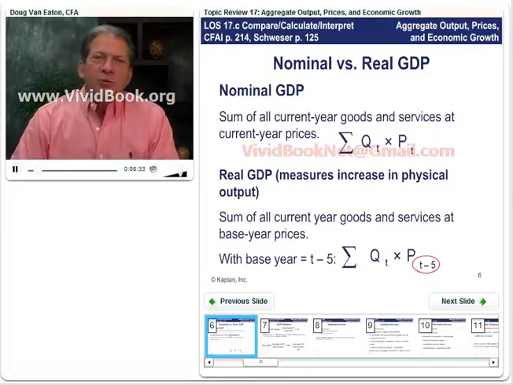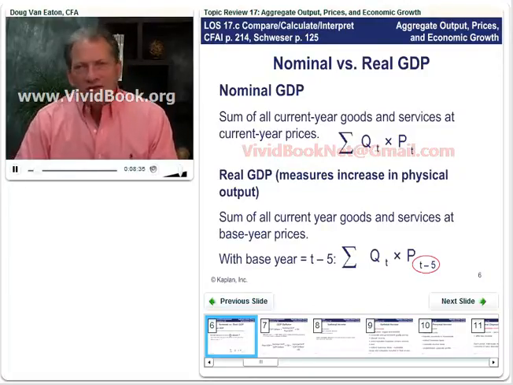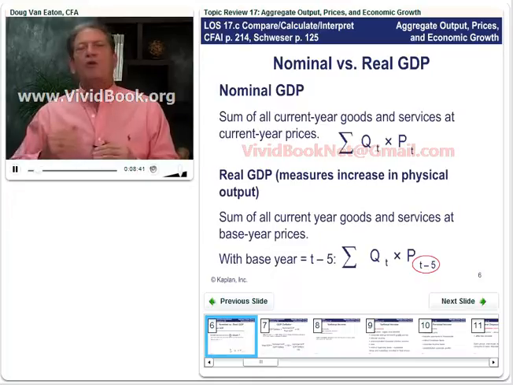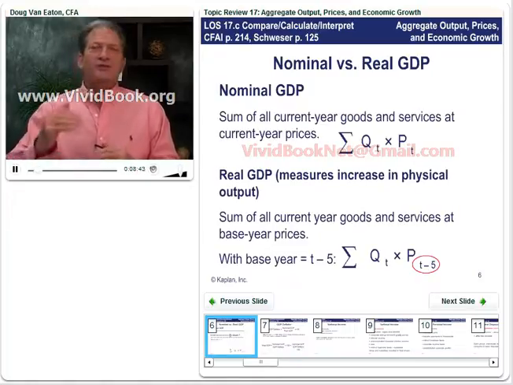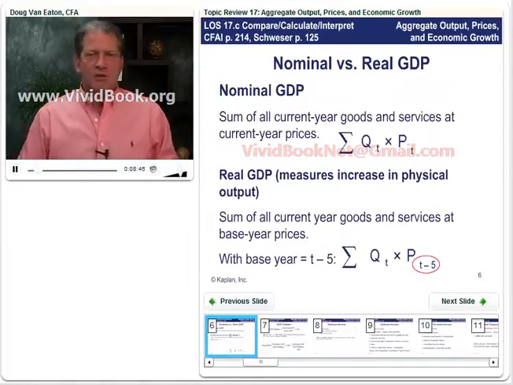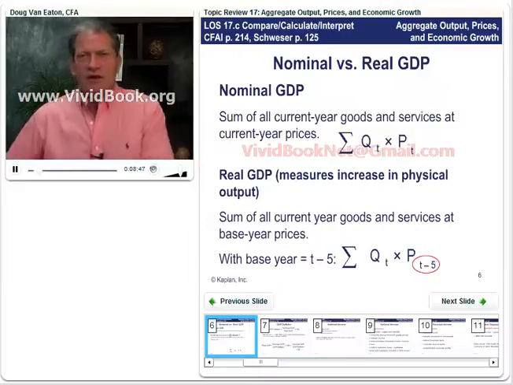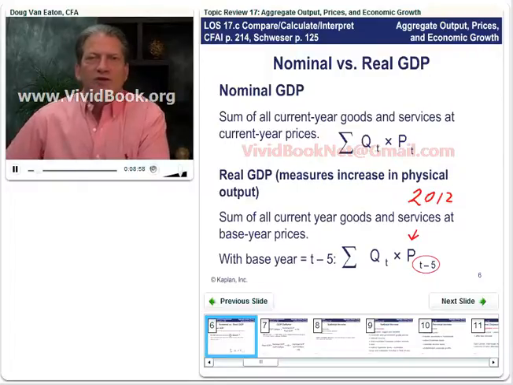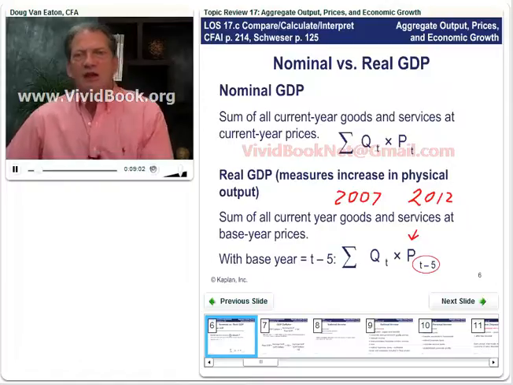And real GDP has to be measured relative to some base period. So you pick a base period and then say, okay, compared to that period, how much more or less stuff was produced in the economy? And so the way we do this calculation is we use the prices from the base year. So if we're looking at 2012 and we want to see the real growth from 2007, let's see, 8, 9, 10, 11, 12.